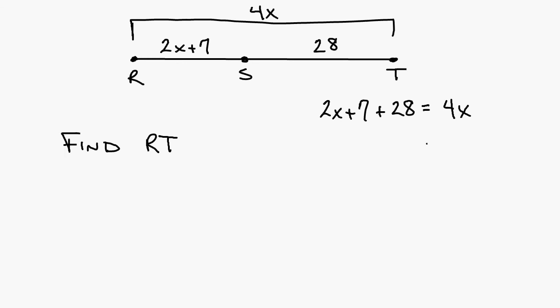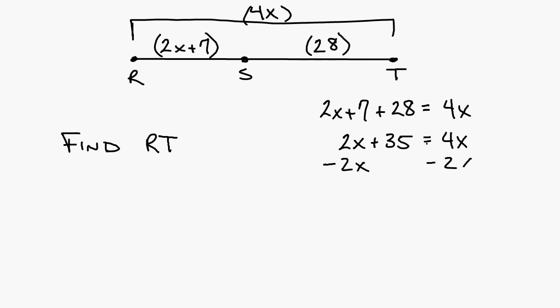That's the segment addition postulate. The 2x plus 7 plus the 28, the two smaller pieces added together equal the big piece. So combine like terms, 2x plus 35 equals 4x. Subtract 2x from each side. And divide each side by 2.